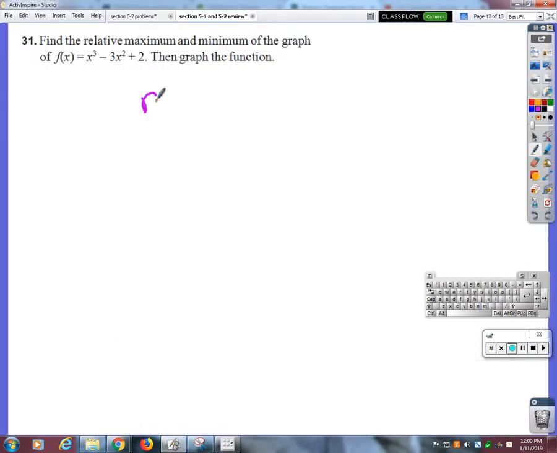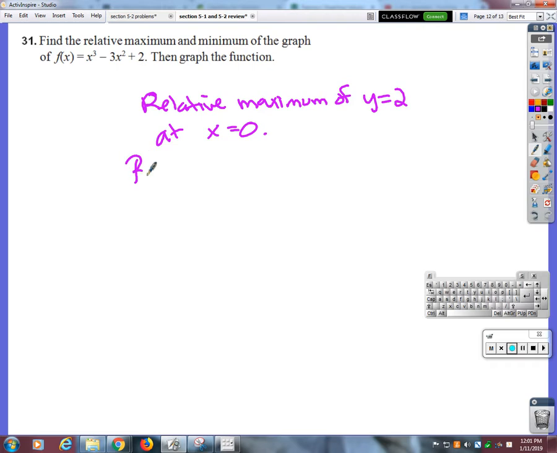So I would say a relative maximum of y equals 2 at x equals 0 and a relative minimum of y equals -2. Does anybody remember what the x value was? Thank you. At x equals 2. Okay?